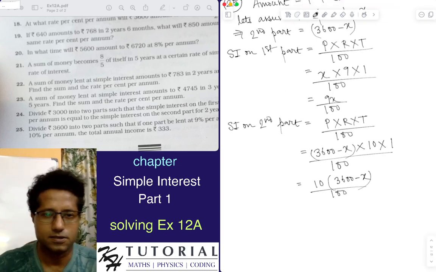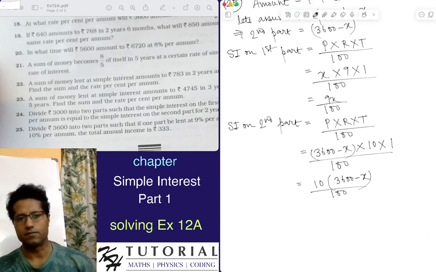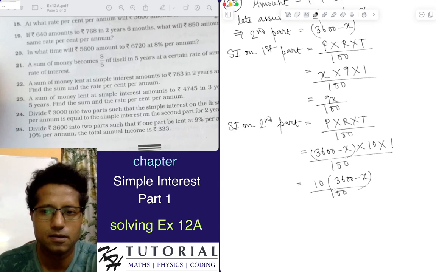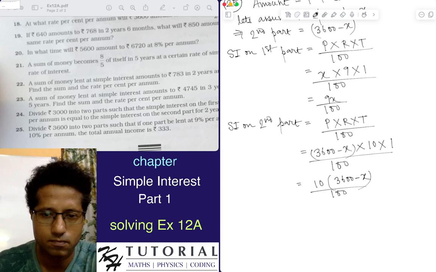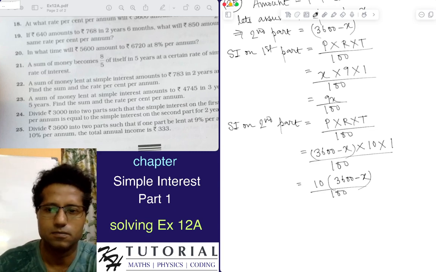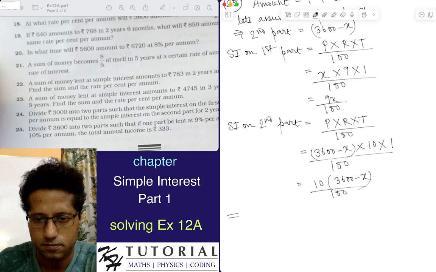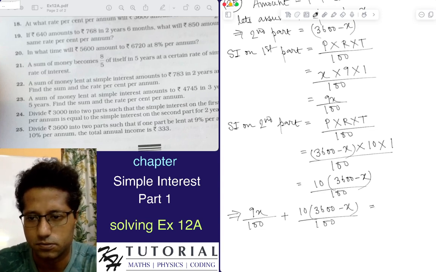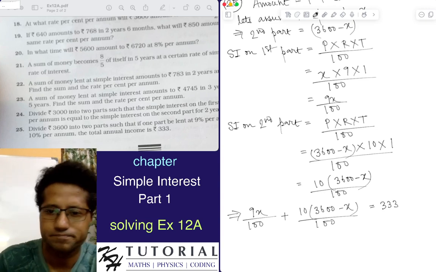Now it is said that total annual income means after 1 year the income, which means definitely the extra money that he is getting paid from the borrower, which is the sum of the two simple interests. So this implies the sum of the two simple interests is 9x by 100 plus 10 into 3600 minus x by 100 is equal to 333.